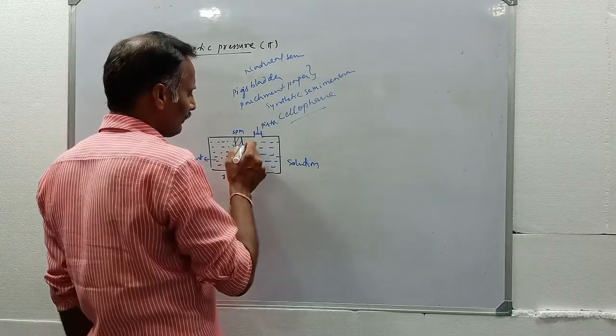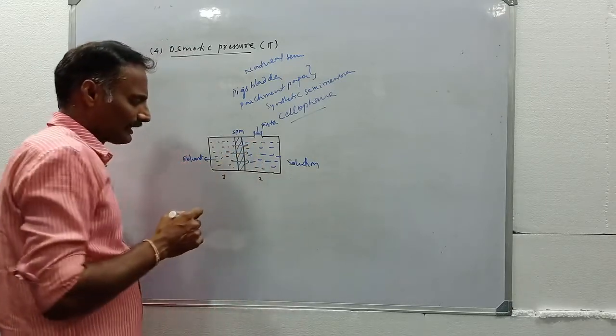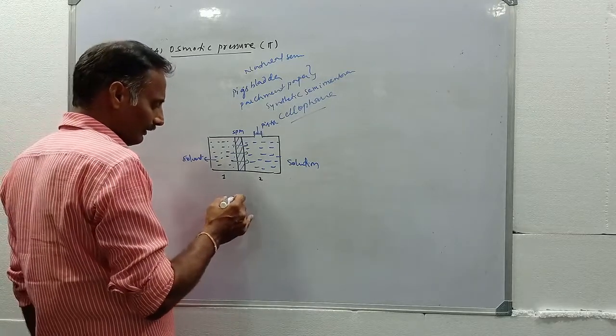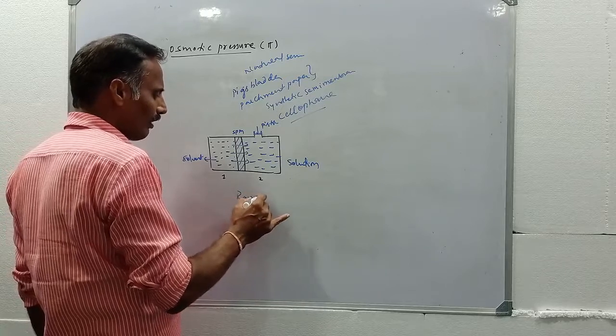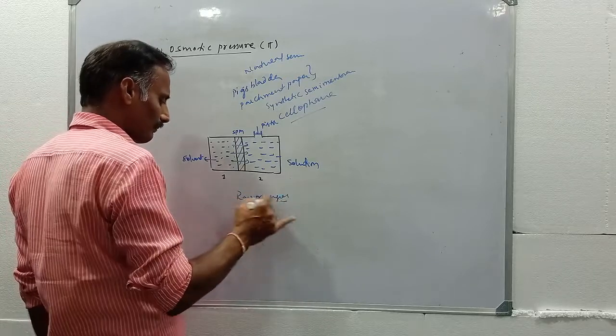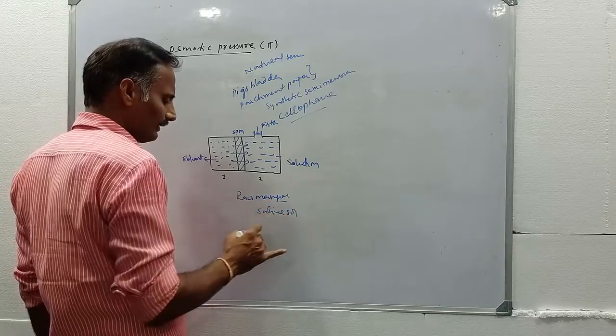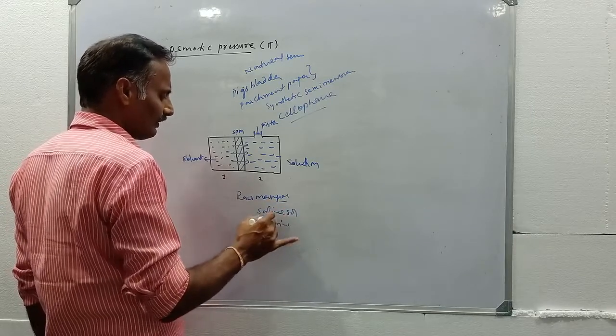This type of phenomenon occurs in many natural phenomena. For example, when raw mangoes are kept in a saline solution, they will shrink due to osmosis.